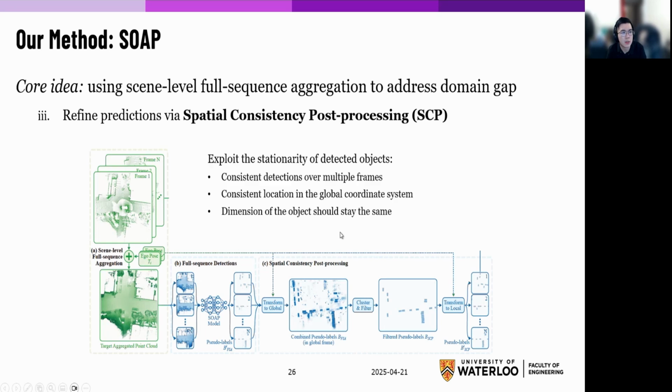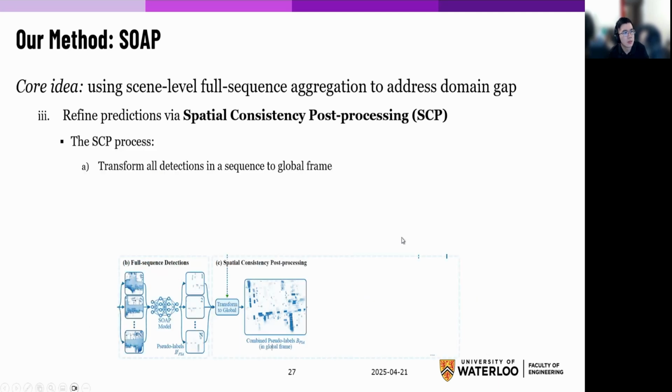And this step exploits the stationarity of the detected objects because we're trying to detect stationary objects, and therefore they should be consistent over multiple frames, and their location should be consistent in the global frame or global coordinate system, and the dimension of the bounding box should stay the same over time, assuming that we're talking about rigid objects such as vehicles.